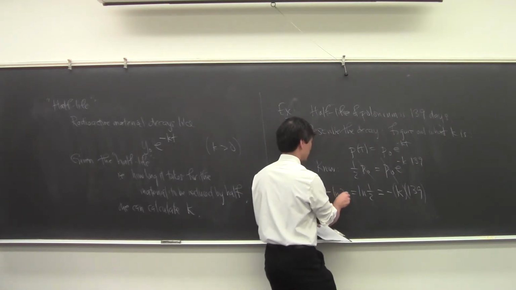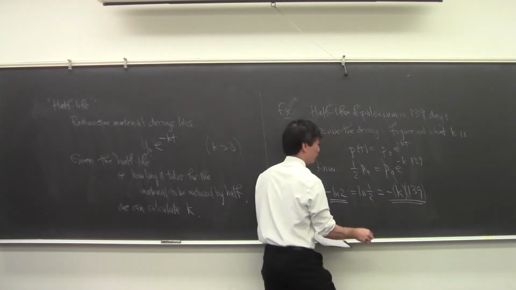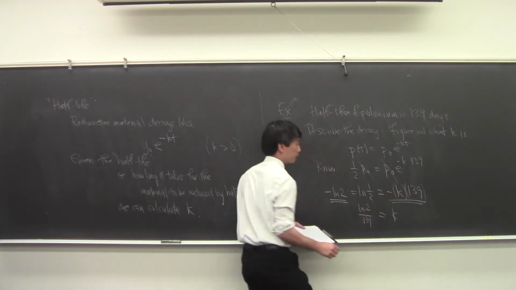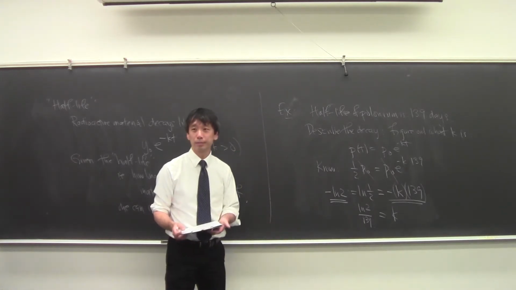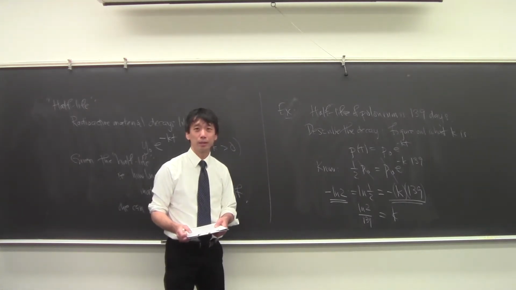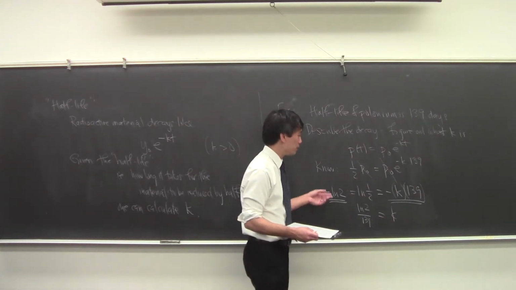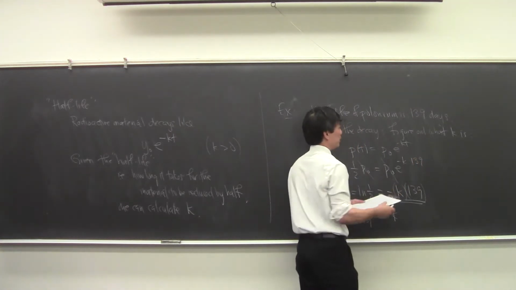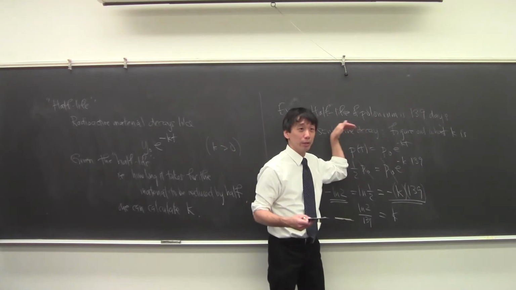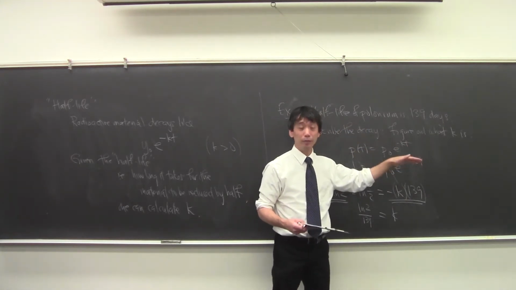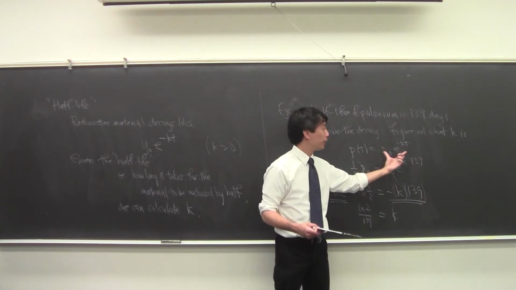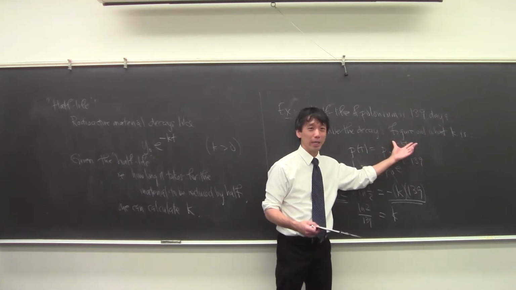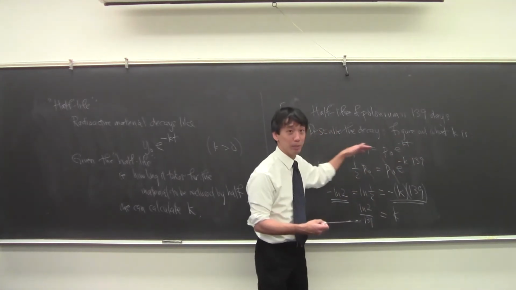So k is just going to be natural log of 2 over 139. This is kind of cool because now you know what k is, so you know how your material decays through all time. You can figure out how much material you're going to have in 140 days, 190 days, whatever you want.